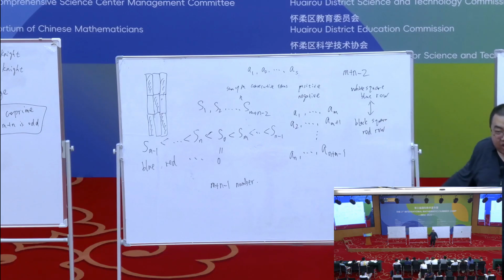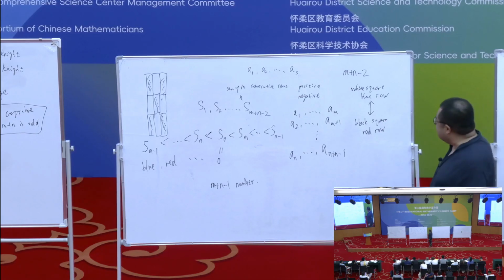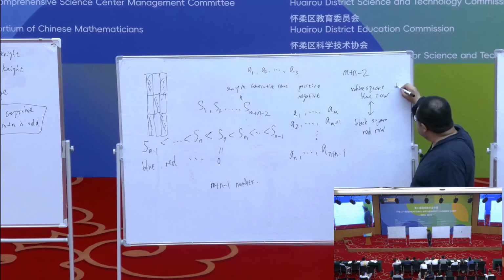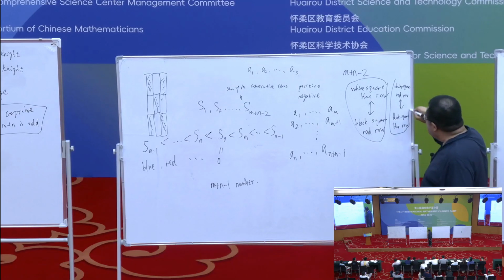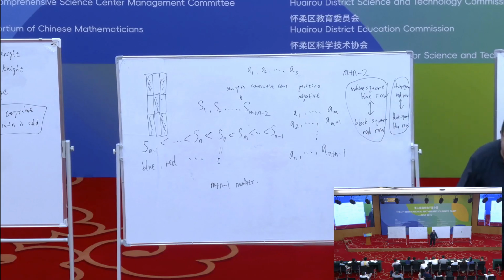It can never reach a white square of a red row or a black square of a blue row. So these two parts are disconnected.